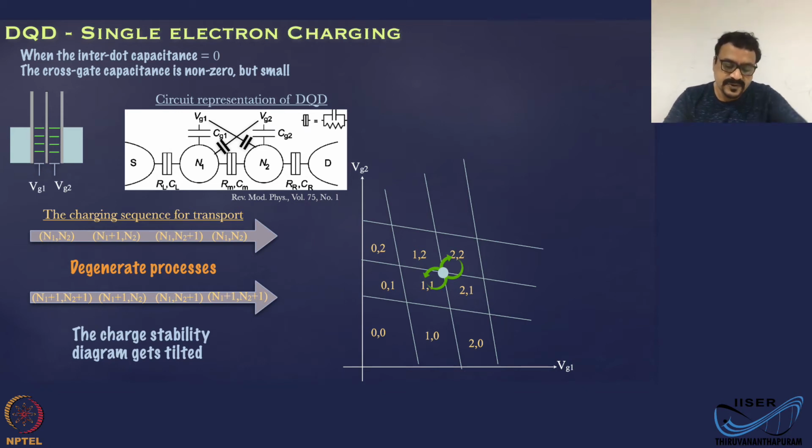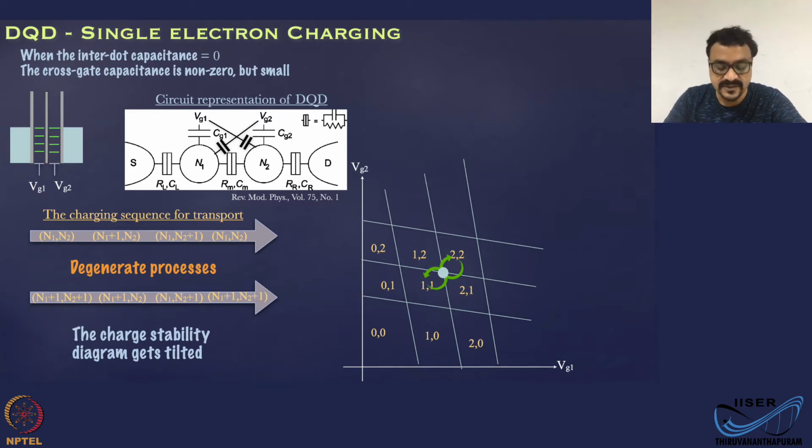So if you apply negative voltage on VG2, this will push these levels up, but that is going to push the levels on this dot also slightly up, because that capacitance is not negligible, but it is not 0. So there will be some rise in the levels of this dot also. That means the charge degeneracy point for this dot also will get affected by varying the gates on this dot.